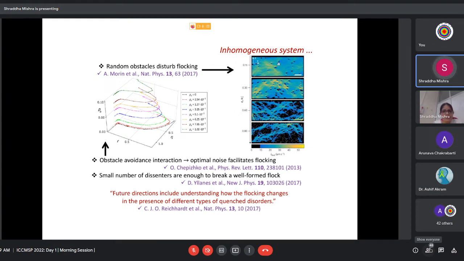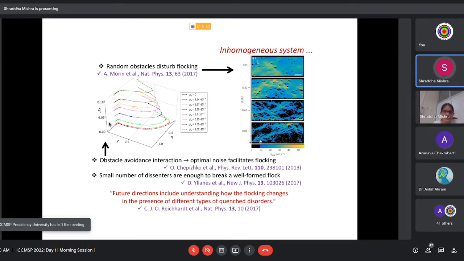We can see that for very small density of obstacles, there is flocking, with a high current ranging from somewhere around 25 to 50. But as the obstacle density is increased, in the direction of increasing density of the black dots, we can see there is a disturbance in the current, and finally, for very high obstacle density, there is almost no current.